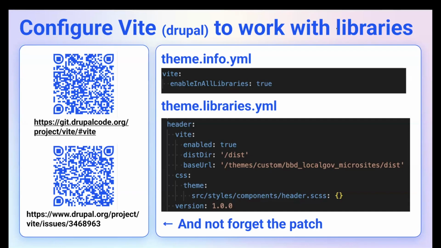In this case, since we use SASS, we provide the SCSS file. Then Vite takes care of picking up the proper file, SASS or CSS, depending on whether we are using the dev server or not. There is right now a little patch that needs to be installed for Vite, because in production live Vite works perfectly for using libraries.